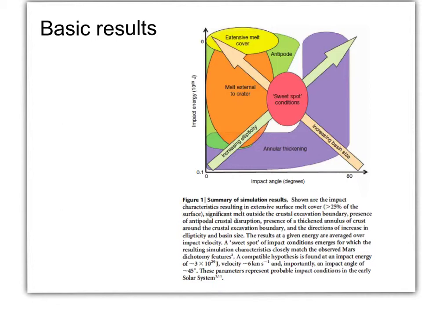This sweet spot in the middle, not so steep, not so shallow an angle, not so large, not so small an impactor, has been identified in computer modeling as the kind of impactor that would have just folded the northern hemisphere back onto the southern hemisphere, making that crust even thicker than it was before, without throwing so much stuff into orbit around Mars that it coalesced into a large Earth-like moon.